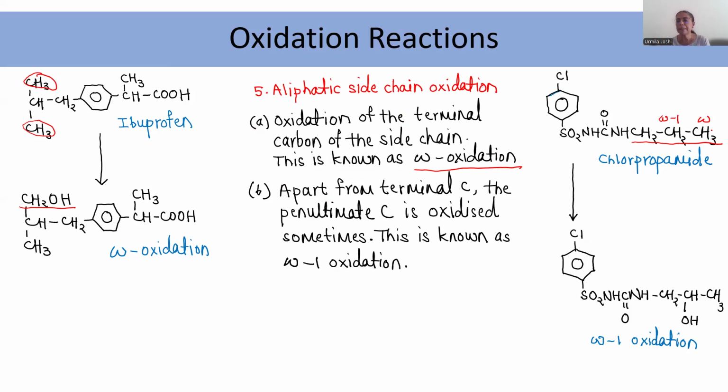So what happens in chlorpropamide? The omega -1 oxidation takes place. This is shown over here. Have a look at this. The CH2 in this omega -1 carbon has been converted by omega -1 oxidation.